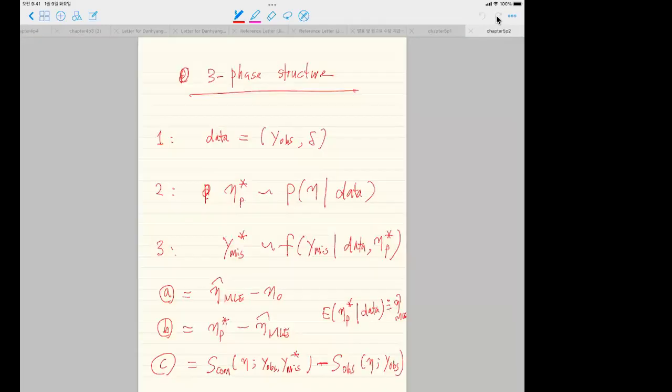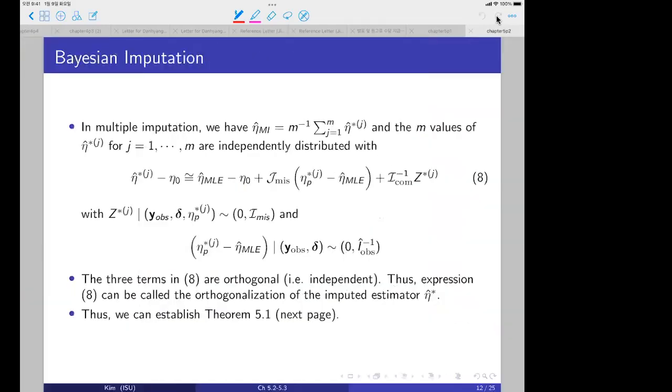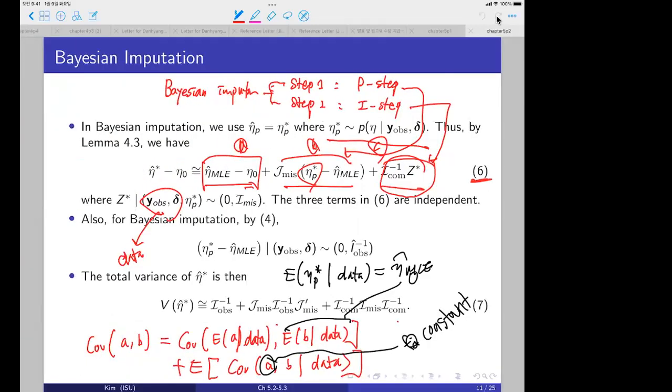Okay, but Jay, I actually have a question. If we are estimating eta, we can use the posterior mean, right? In your notes you have those 3 steps.